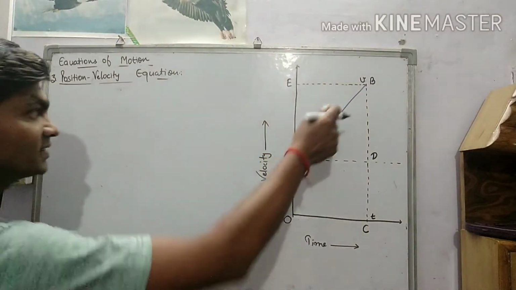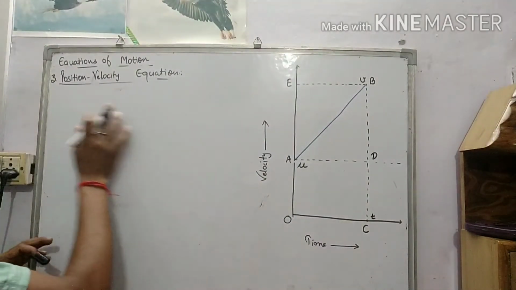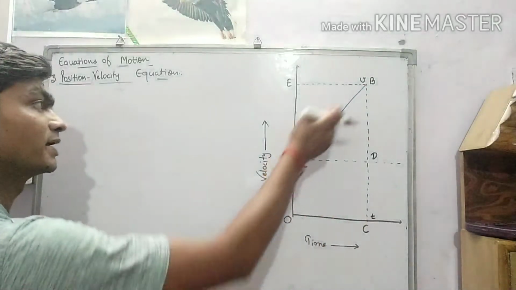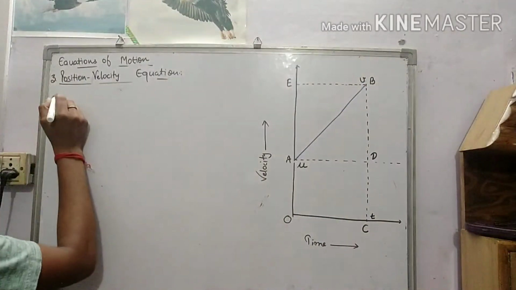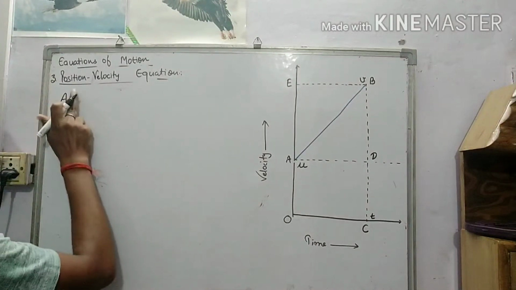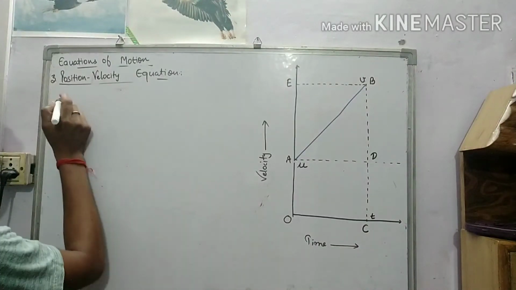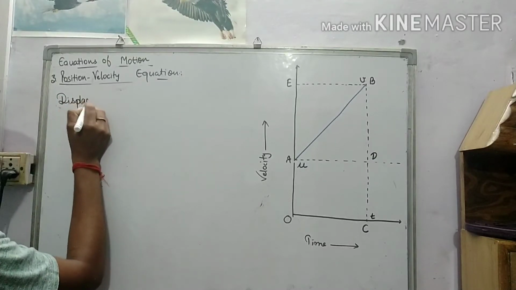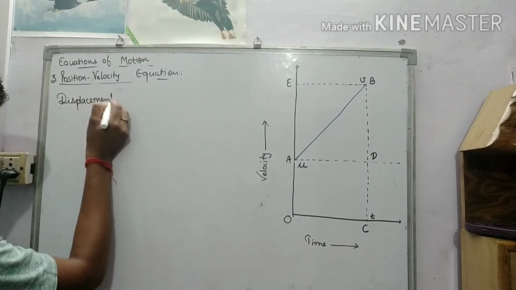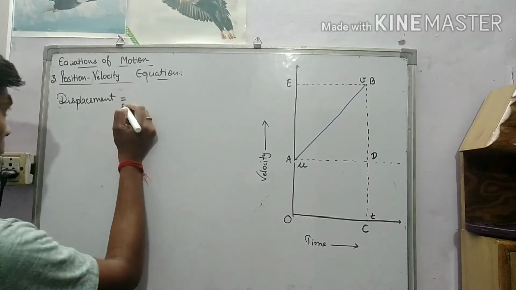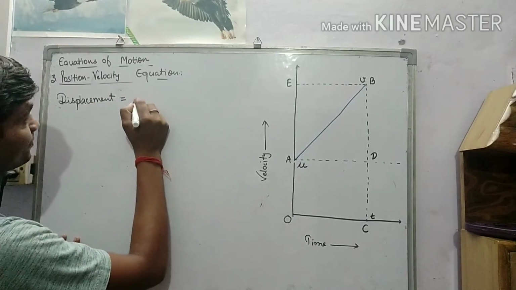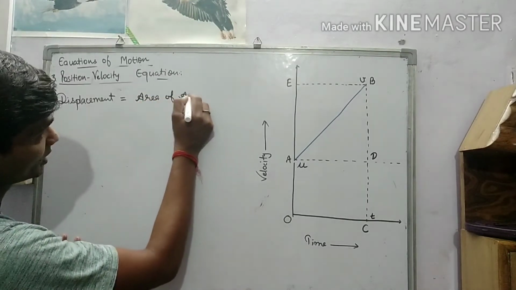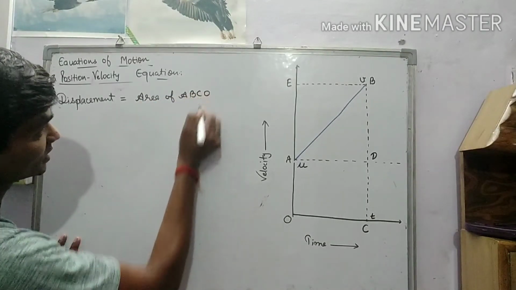As I have told, the distance or displacement can be found by finding the total area enclosed. So we will write area, displacement or distance, both are the same for linear motion, equals the area of ABCO.